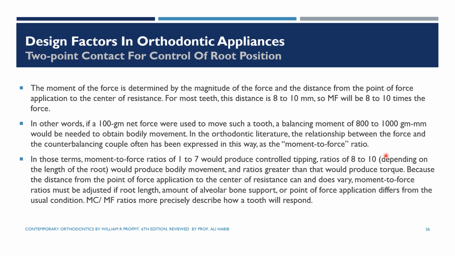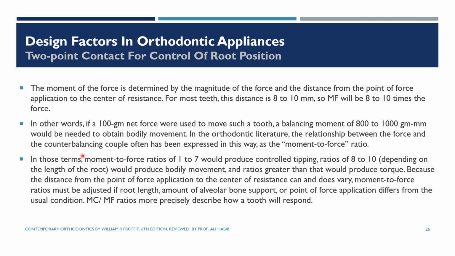Why 8 to 10? Depending on the length of the root. What do we mean by moment to force ratio? The counteracting moment ratio to the force applied should be somewhere between 8 to 10. And when we apply it this way, this will create bodily movement.